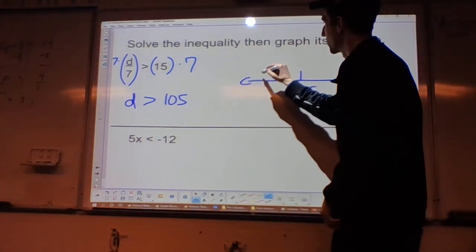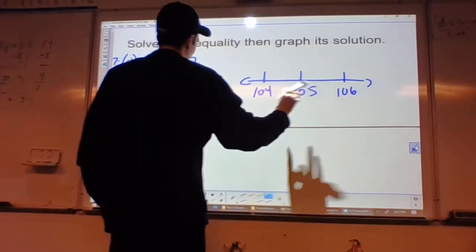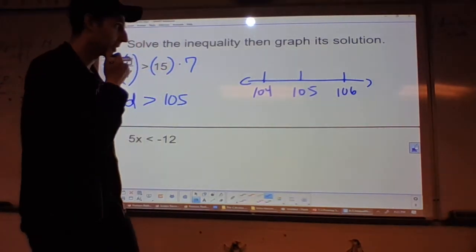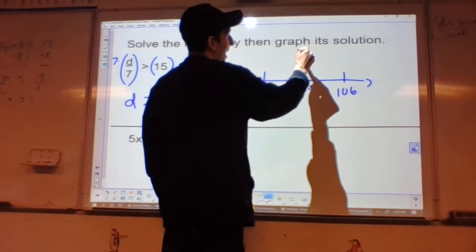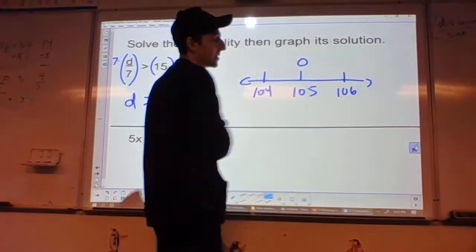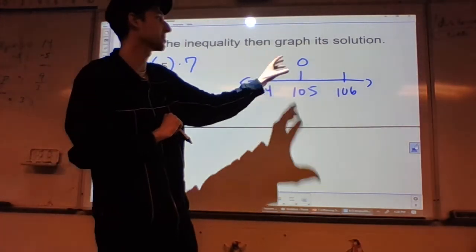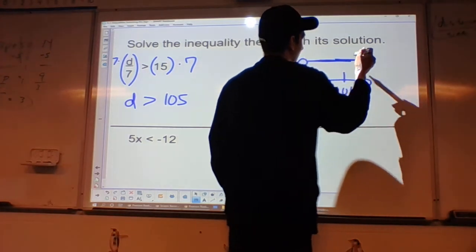On this side, we have 104. We want to represent with our graph everything greater than 105, so we're going to shade everything greater than 105. At 105, because 105 is not included, we're going to use an empty circle to show that that isn't a point of solutions. So our solutions go this way.